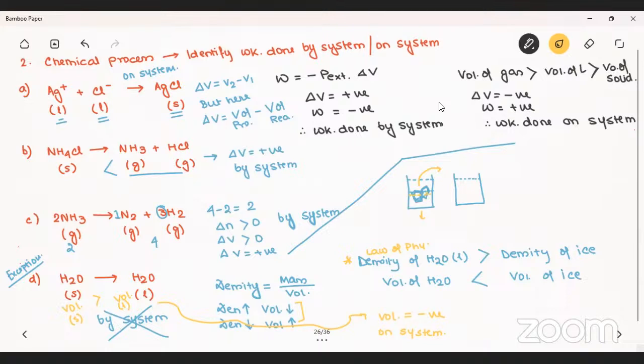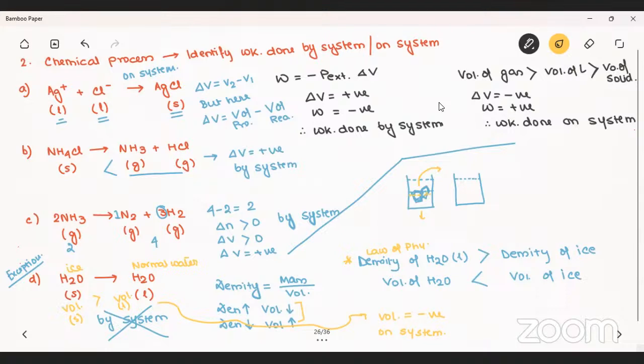So volume of water is less than volume of ice. So this is solid, this is ice, this is water. Right? Solid water means what? Ice. So this is the ice, this is your normal water. What I told you, that volume of water is less than volume of ice. So this volume is more.